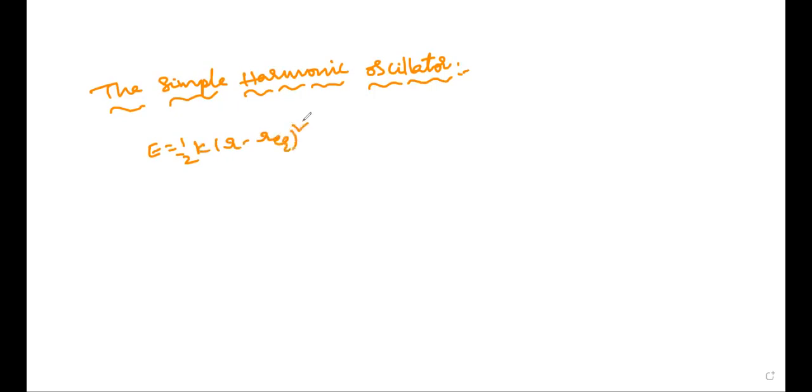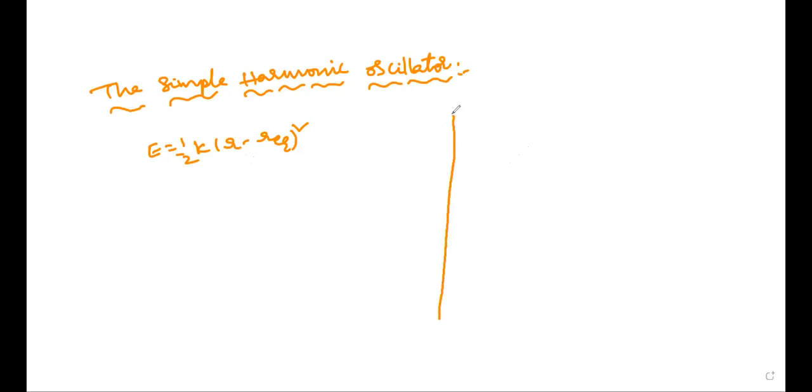is a parabola. So the zero of the curve is where r is equal to r eq, the energy is 0, and any energy in excess of this, for example at E2 or epsilon 2, arises because of extension or compression of the bond.